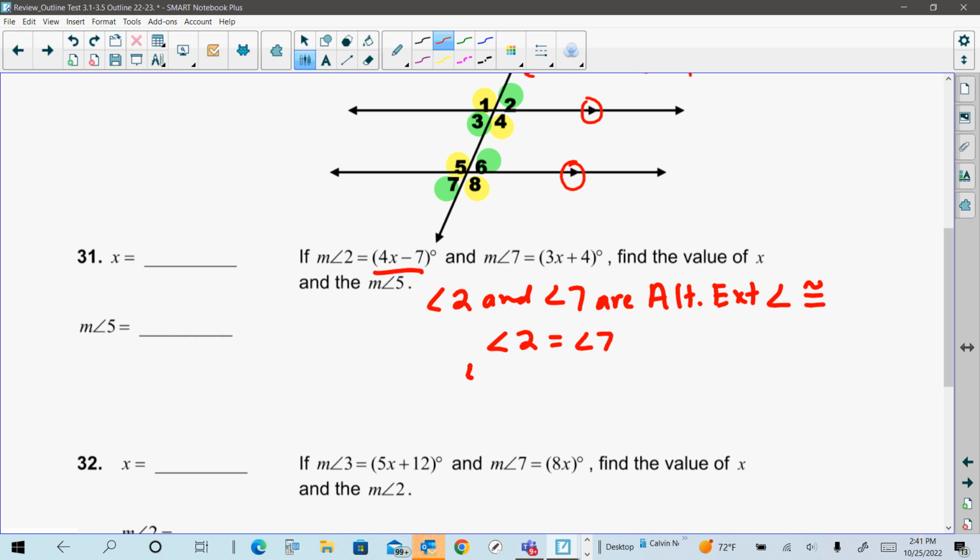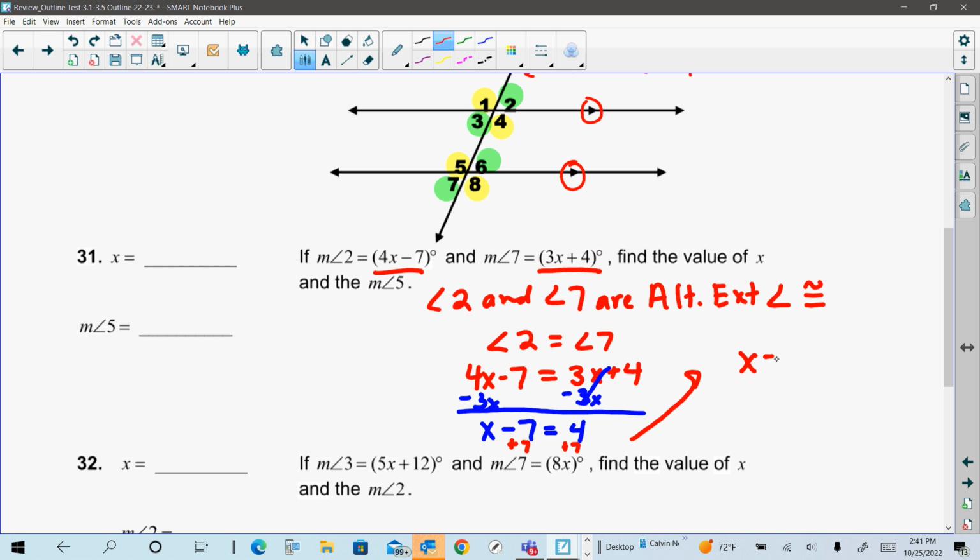Instead of putting angle 2, I'm going to put this 4x minus 7 here. And it's going to equal angle 7, which was the 3x plus 4. We're going to move the smallest variable whenever we have variables on both sides. So I'm going to subtract the 3x. That leaves me with x minus 7 equals 4. And then to isolate the x term, you would have to add 7. I know I kind of ran out of room here. So x is going to equal 11.